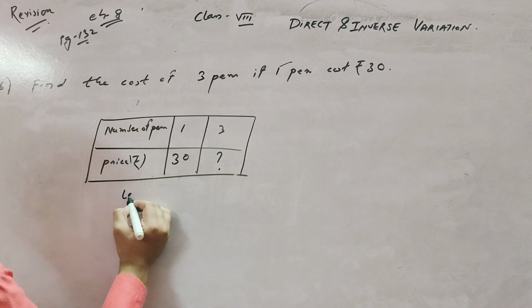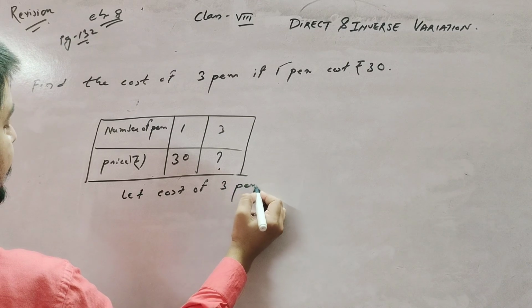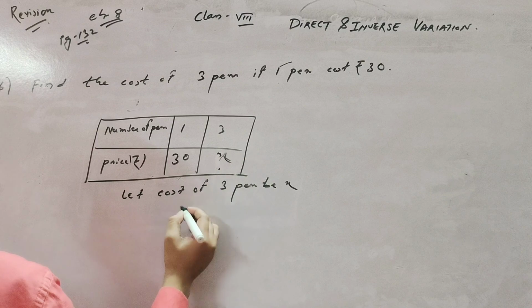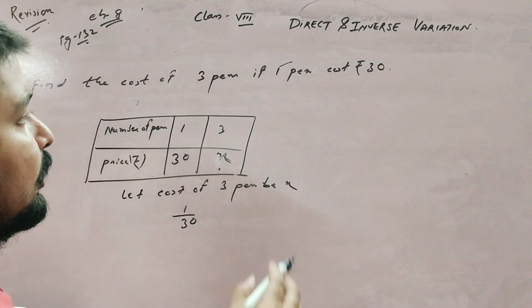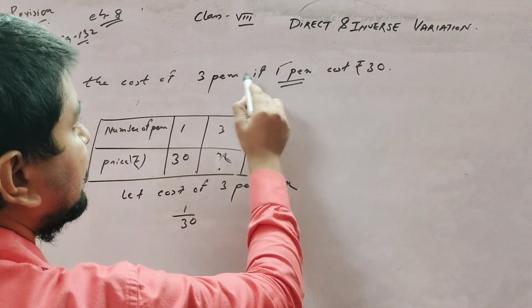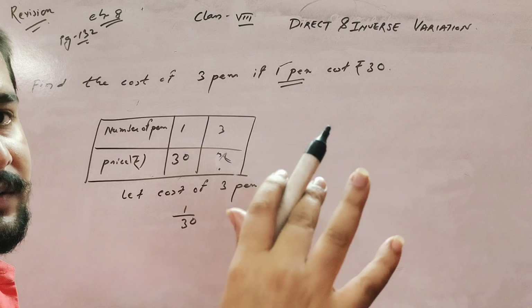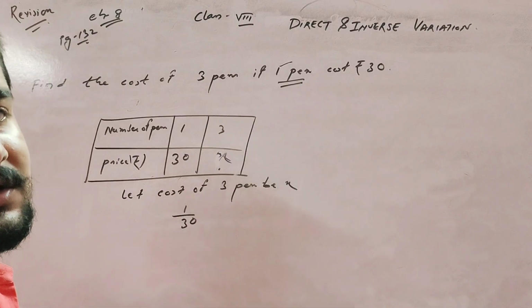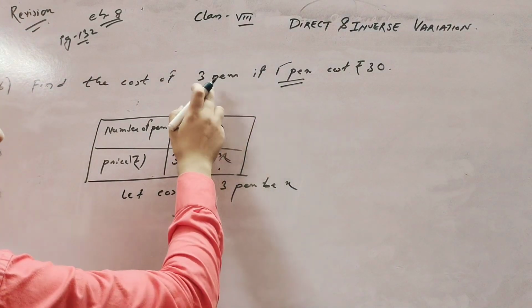So let the cost of 3 pens be x. So 1 upon 30, this is a direct variation. Again I repeat, when the number of pens increases, the cost is also increasing, so that is direct variation. And inverse variation is when something is increasing and the other is decreasing. So this is direct variation because both are increasing.